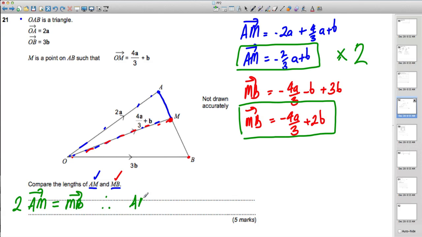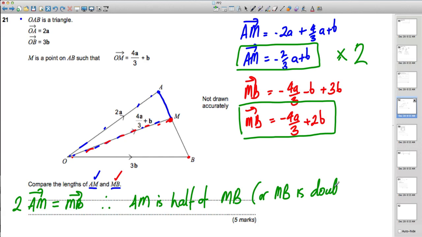Therefore, AM is half of MB, or MB is double AM. So MB is 2 lots of AM. And you're done for 5 marks.